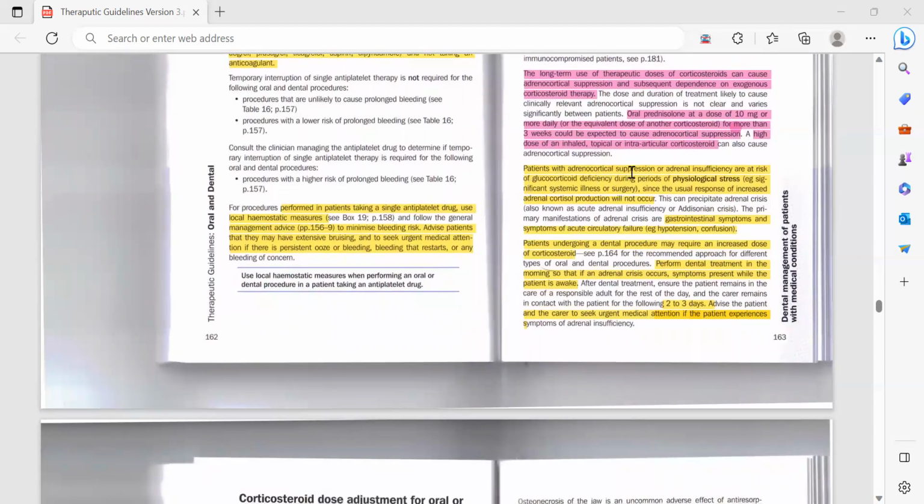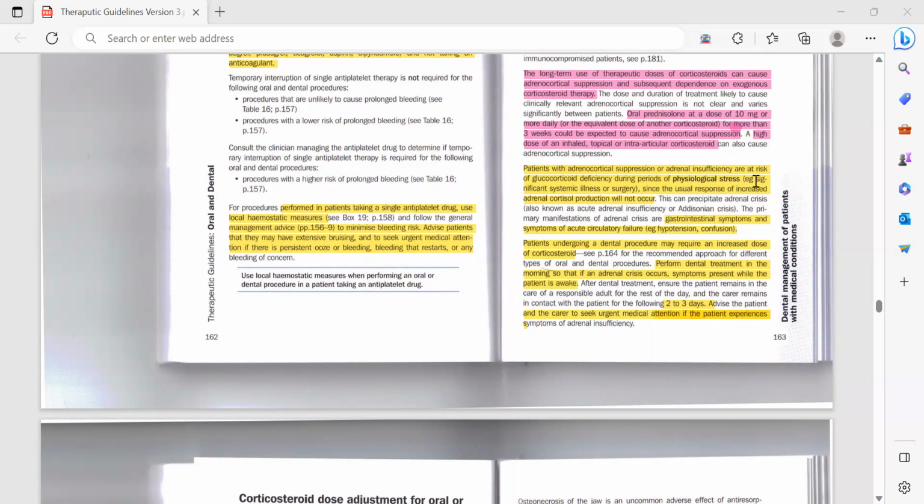Patients with adrenocortical suppression or adrenal insufficiency are at risk of glucocorticoid deficiency during periods of physiological stress. What would be a period of physiological stress? If you are going to perform any extraction or any other surgical procedure that would lead the body to face physiological stress, in that case there is a risk of adrenal insufficiency.